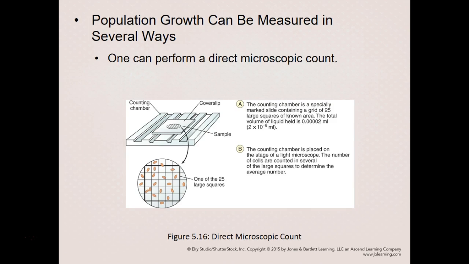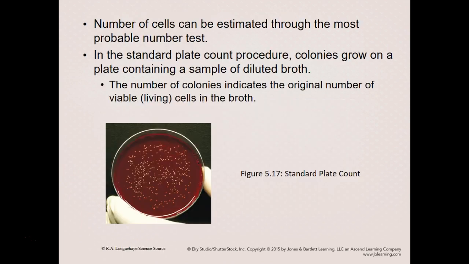And that can be beneficial. But the cells that you're counting can be living, and they could also be dead cells. And so if we just want to know the number of living cells, so dead cells aren't going to cause problems, then we'd have to use a different mechanism.